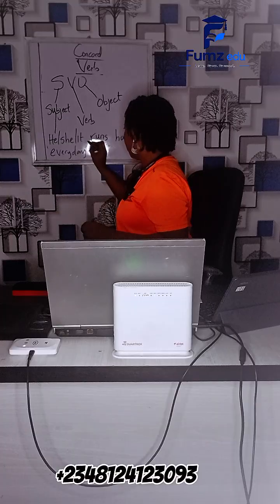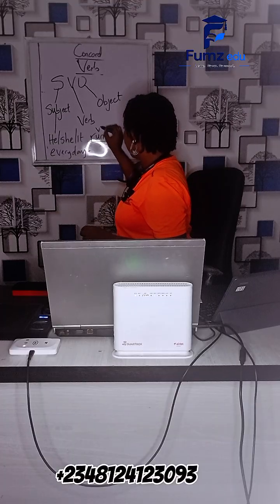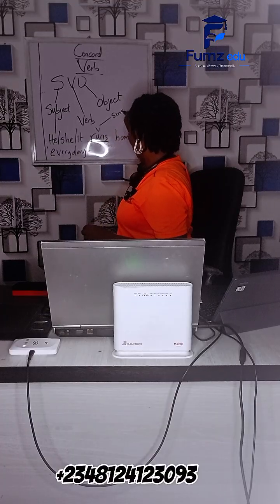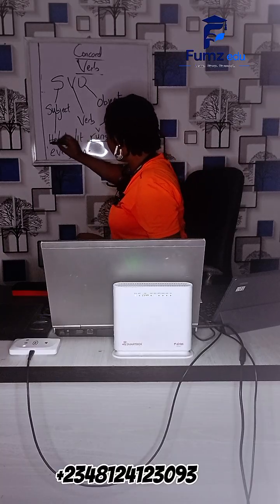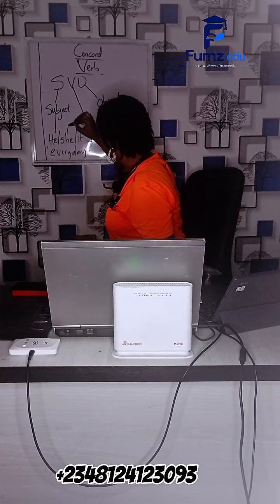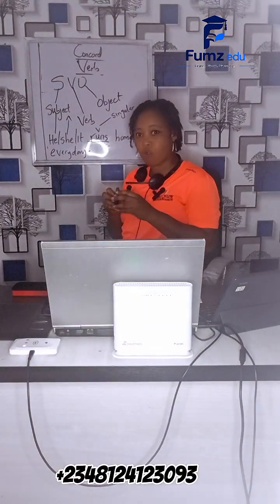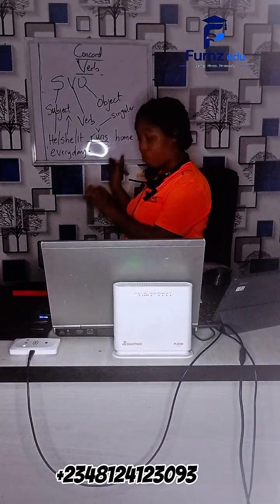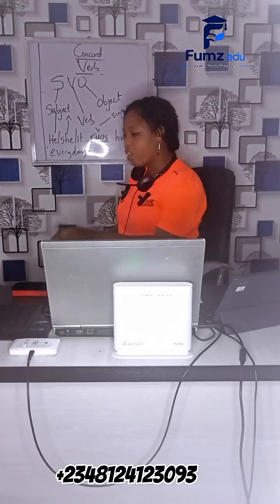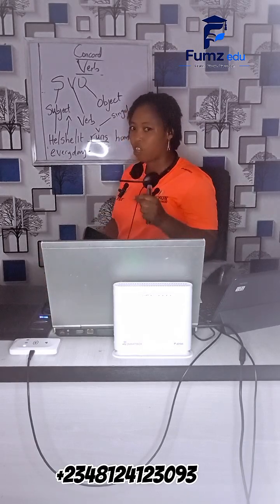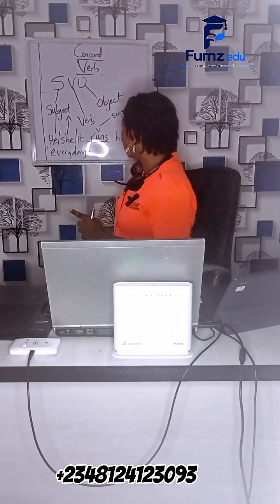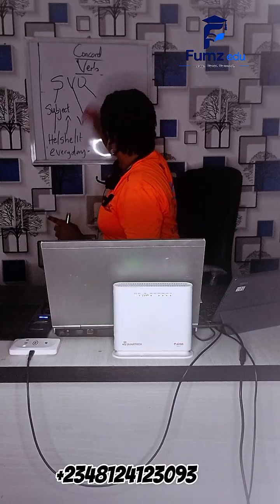And so this is my verb. It is what? Singular. Why is it singular? Why am I using runs? It is because these are singular subjects. We have to take note of this. They are singular subjects. Now, when they are plural subjects, it takes the form of what? The form of plural verb.